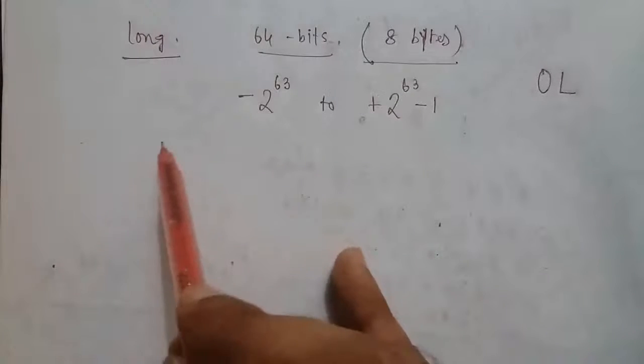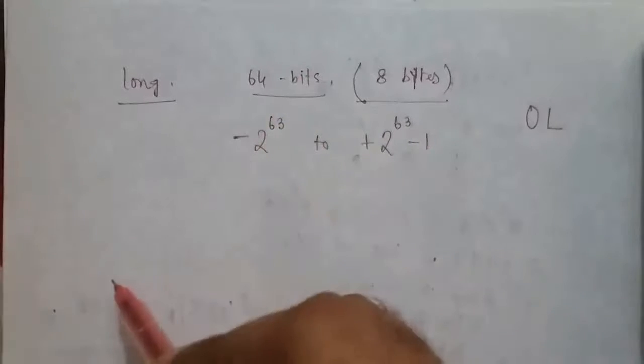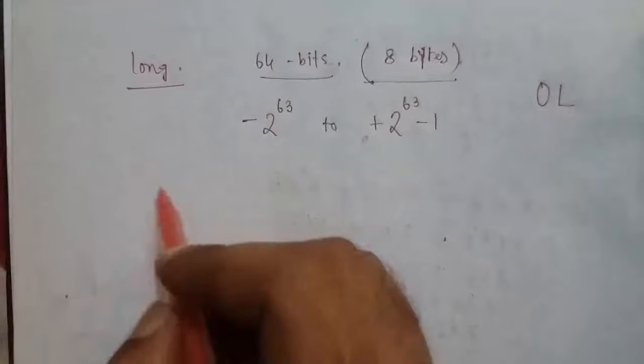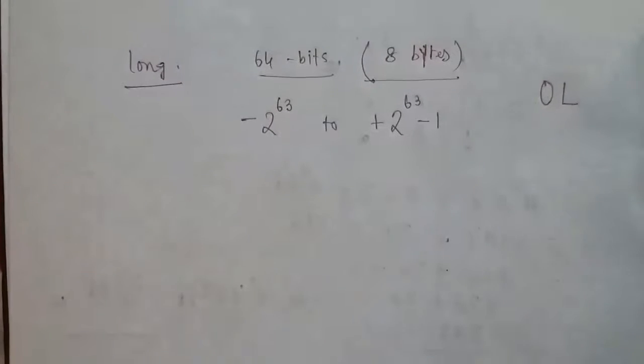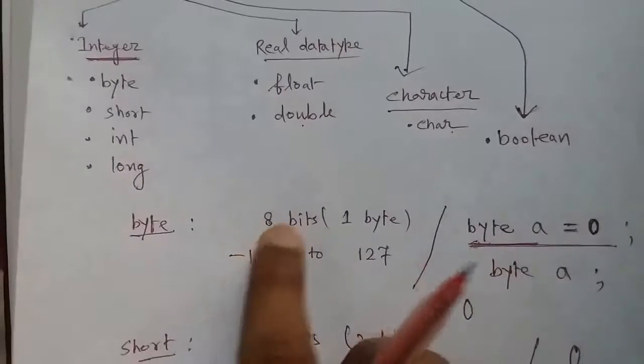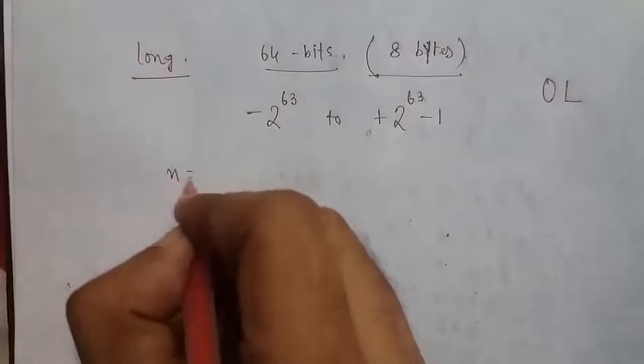Now one thing I need to tell you is how I am getting this range. Remember the number of bits. What is the number of bits used in byte? 8 bits. So here I am writing n equals to 8.